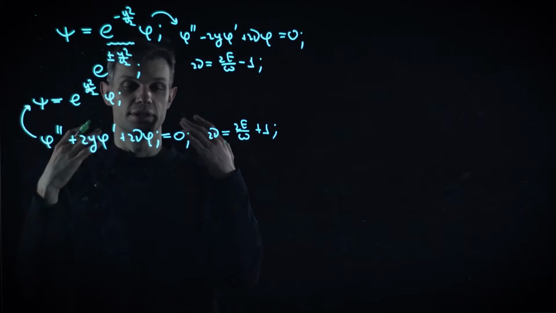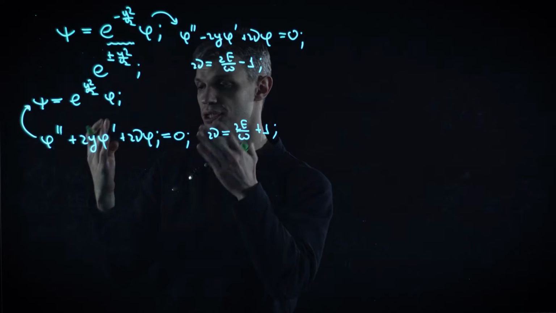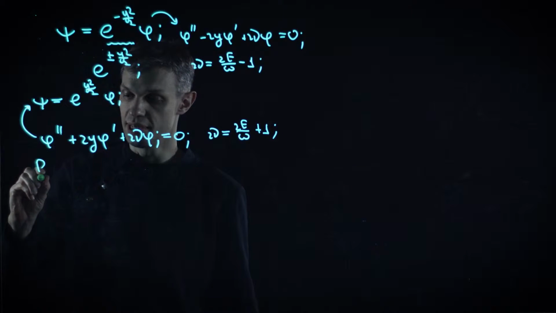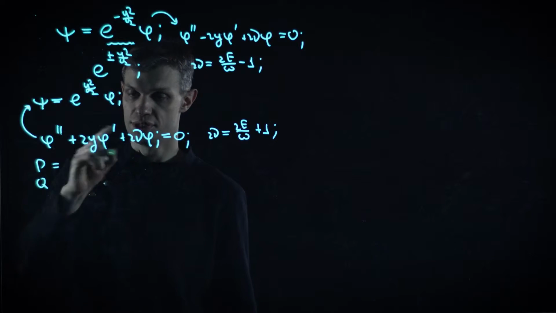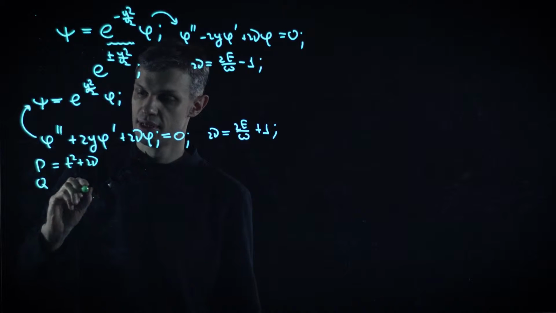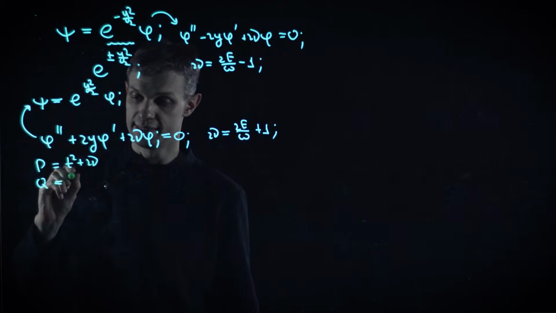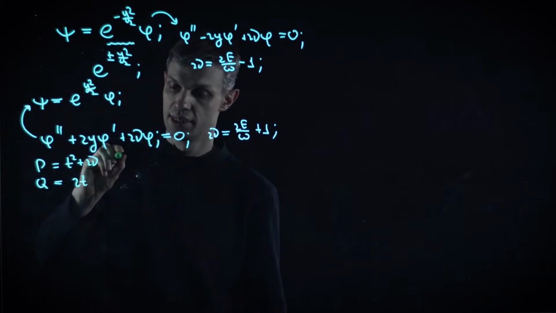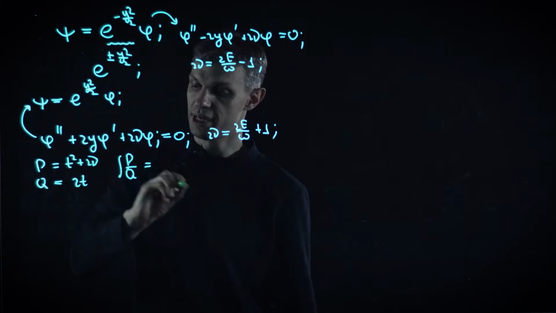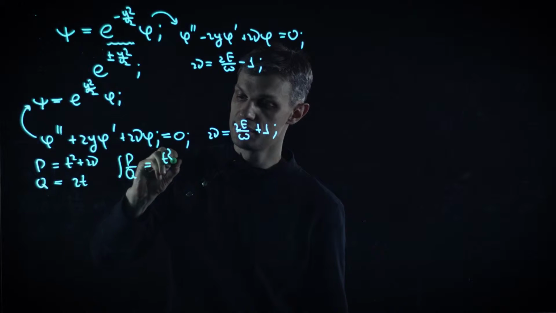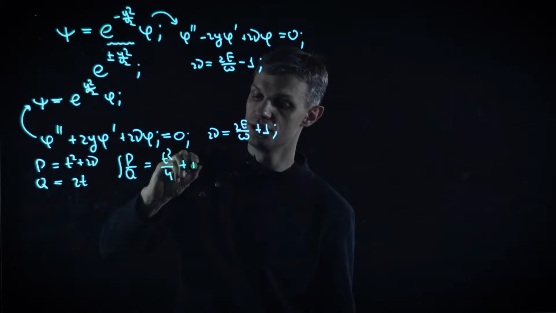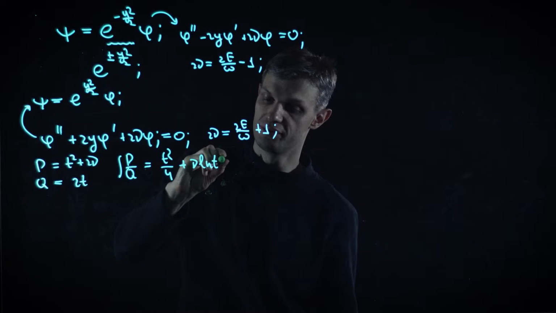From this point, the exploration of the analytical structure of the equation is almost identical. So again, we write down the p and q polynomials. The p polynomial is identical to the previous one, and the q differs just by sign. And the corresponding integral becomes t squared over 4 plus nu logarithm of t.